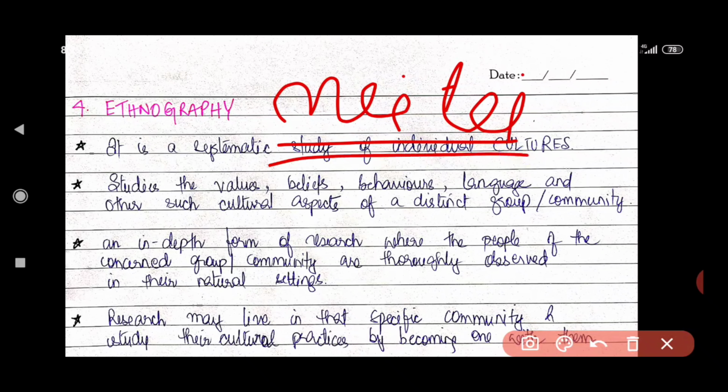You might have to come to Manipur and live with this community and observe them thoroughly in their natural settings. You have to eat with them, you have to sleep with them, you have to basically become one with them in order to understand their culture more deeply. Right, so that is how you learn their cultural practices for better insight, and that is what we call ethnography.